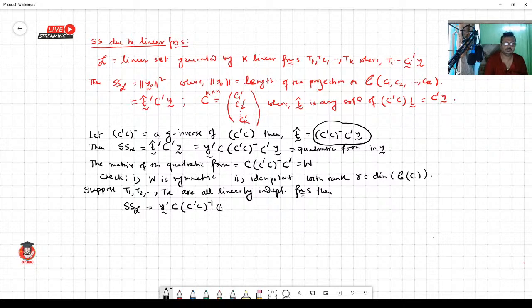So C prime C is a full rank matrix, so it is invertible.